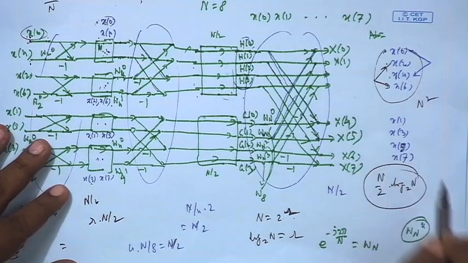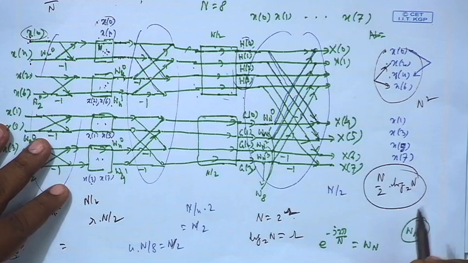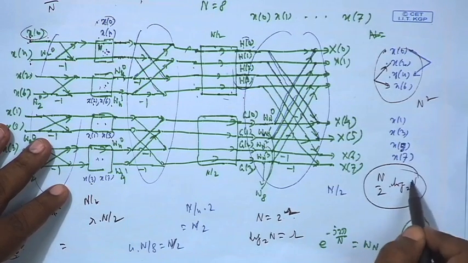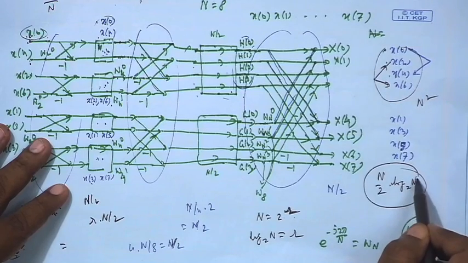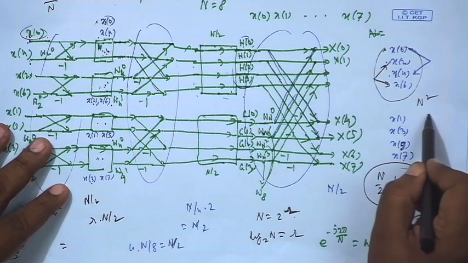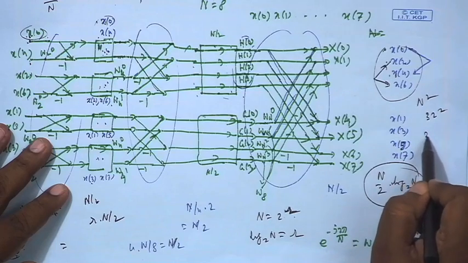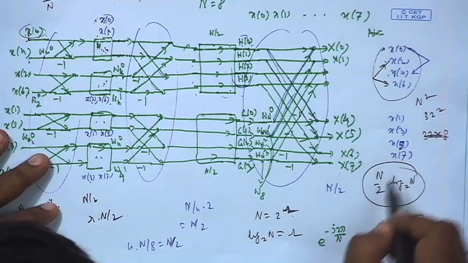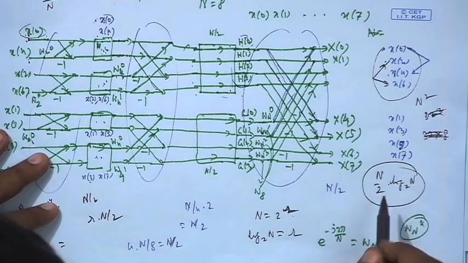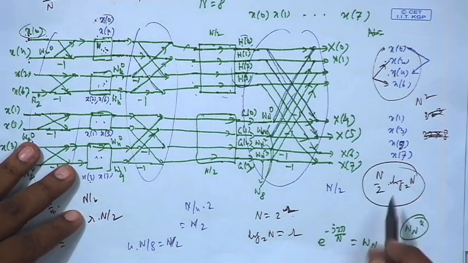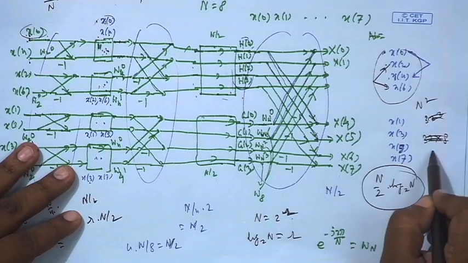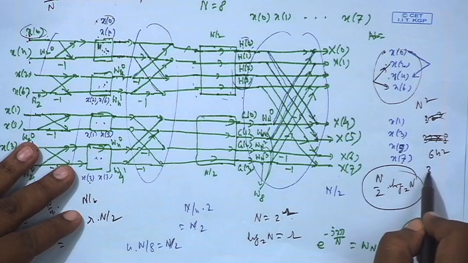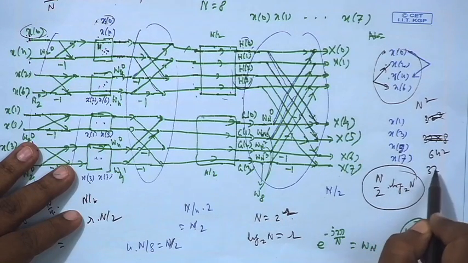Originally it was n square. Suppose n is 64, 64 square, and it is 32 into, if n is 64, log 2 64 is 6. Sorry, if n equal to 64, originally you had 64 square, and here it is 64 by 2, that is 32, and log 2 64.